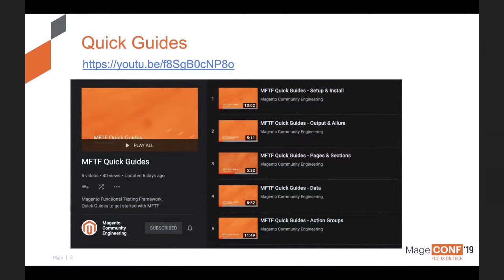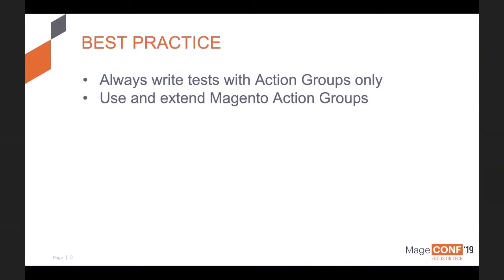So here you go, let's start with best practice. The two bullet points here are: you should always write tests with action groups only, and you should use and extend existing Magento action groups. Before you start writing your own test, you should go to DevDocs.